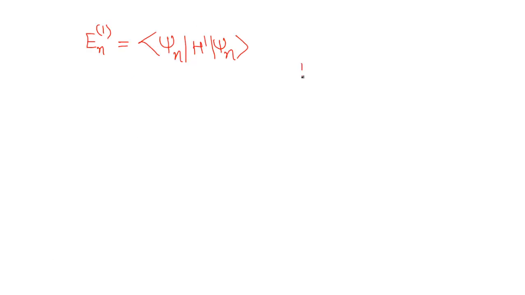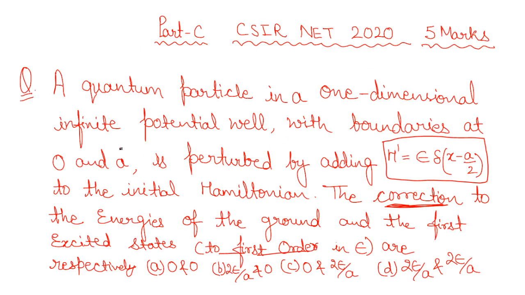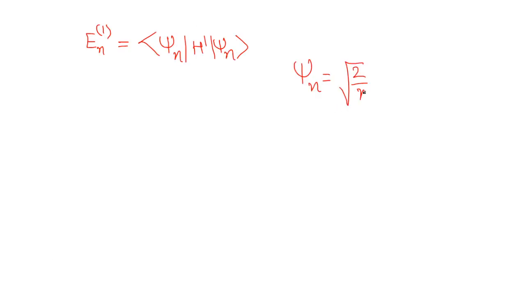The general form is root 2 by L, but here the boundaries are 0 and A, so the length is A. So it is root 2 by A sine n pi x by A. This is the wave function of the nth state for the 1D infinite potential well.